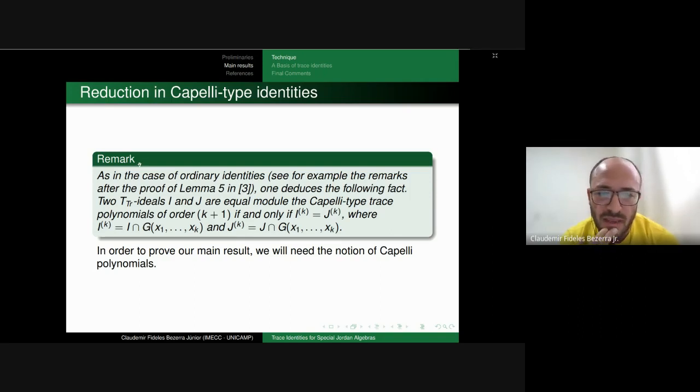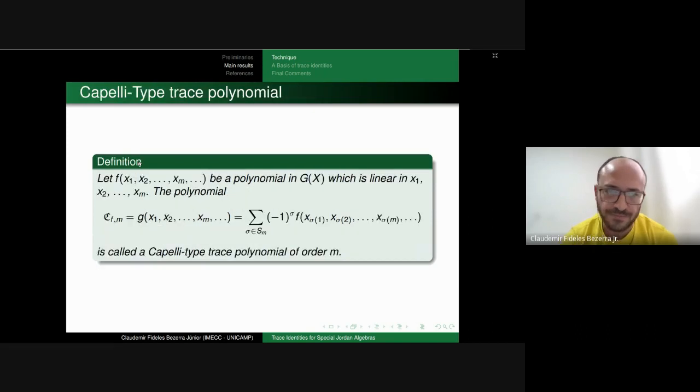For this remark, we will need the notion of Capelli polynomial for my case. This definition is general, but we consider polynomials in this algebra. We take f, a polynomial in this algebra, which is linear in the first m variables.